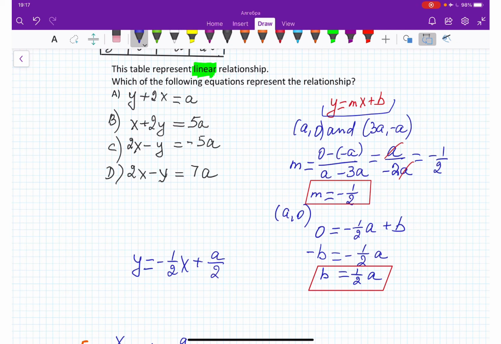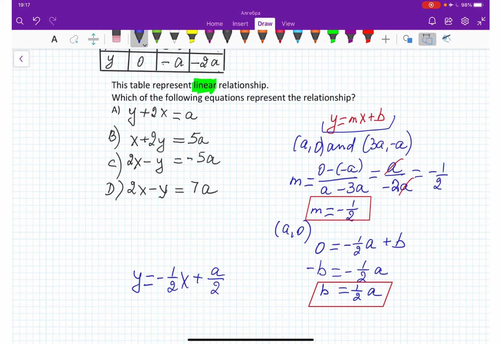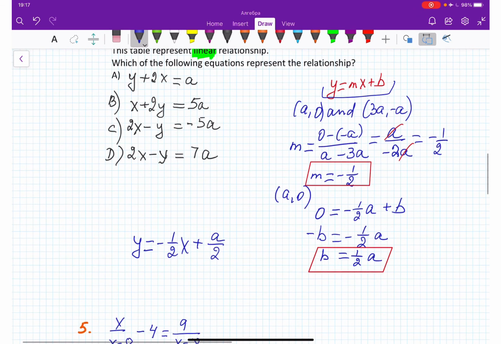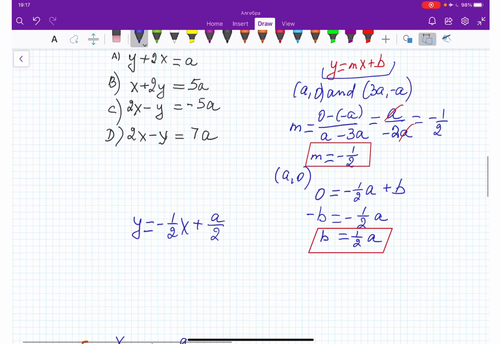Now, in these choices, we are given not the slope and intercept version, but the general format. So we represent this in general format, I need to bring to a common denominator, and I'm going to get 2y is equal to negative x plus a. Moving x to this side, I get 2y plus x is equal to a.